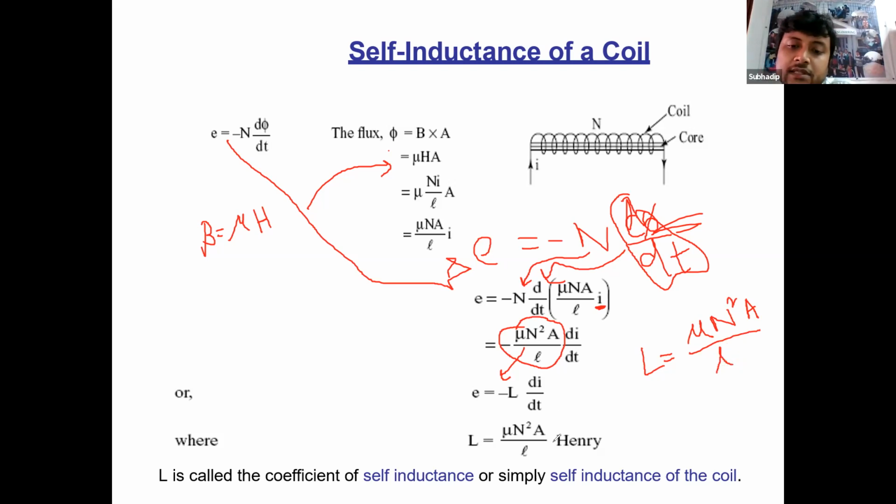Okay, this is nothing but called self inductance of the coil. So this L is called the coefficient of self inductance, or simply self inductance of the coil. This is nothing but the self induced emf. Now we'll move on to the next slide.